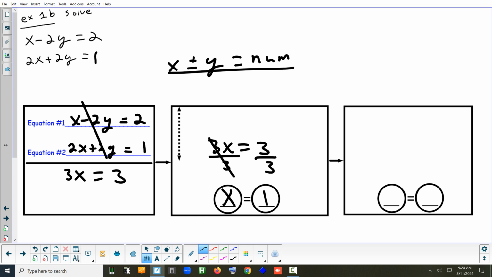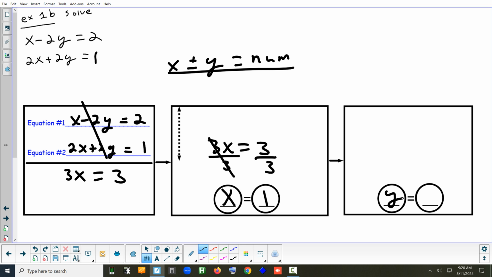Now we were solving a system, so how many answers do we need to find? 2. Which answer do we have? We know the x. We still need to find y. How do we use what we already found?